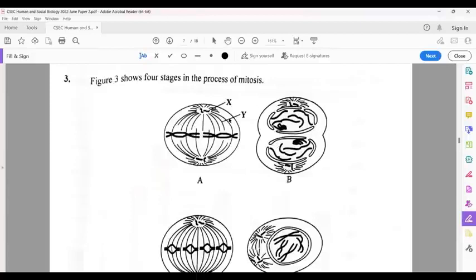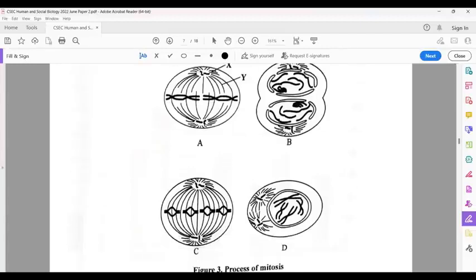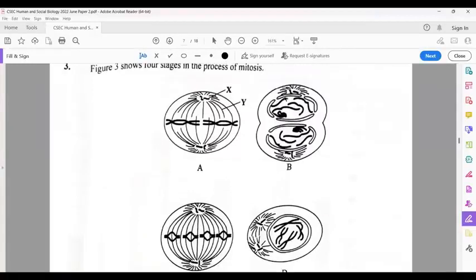Look, it's forming in A, and it has been fully formed in C. The poles have pulled back, and the DNA or the chromosomes have been lumped together. So they are not lining up at the equator as in A and C.